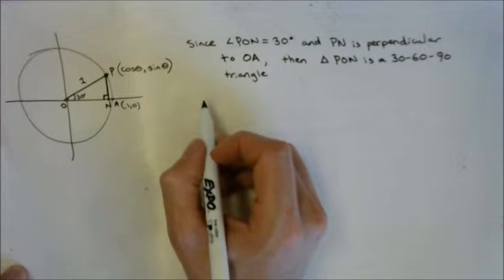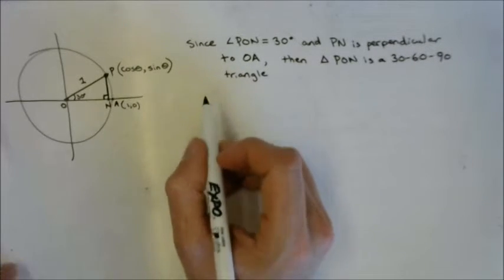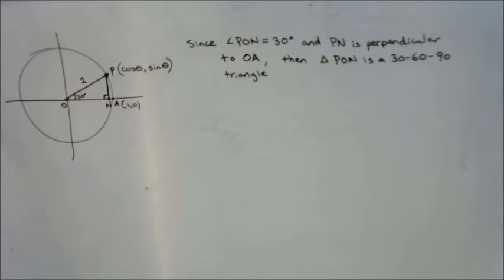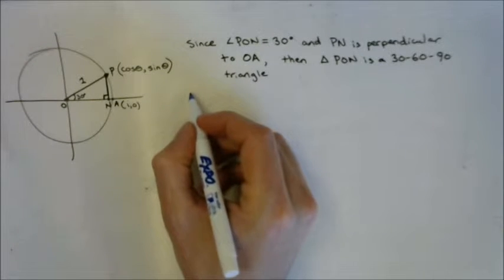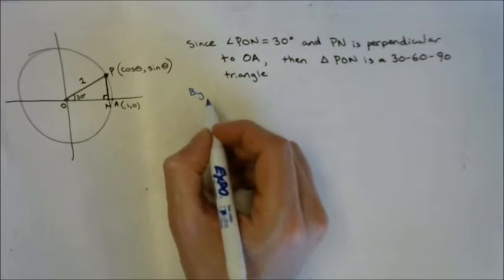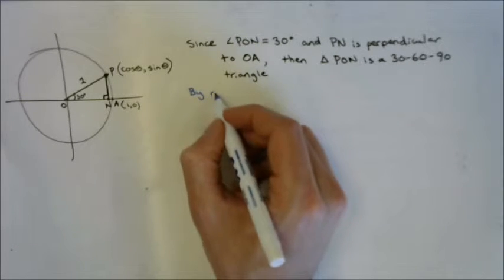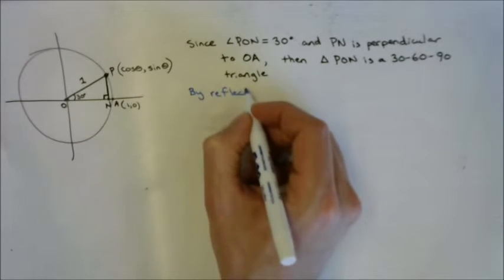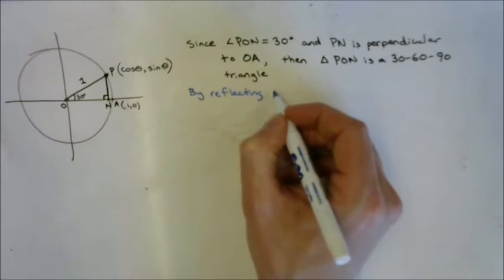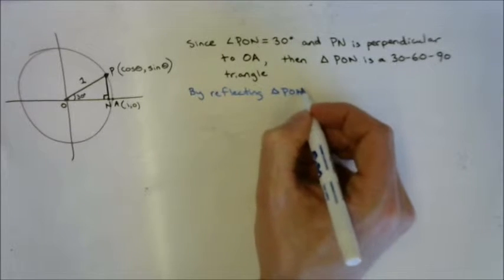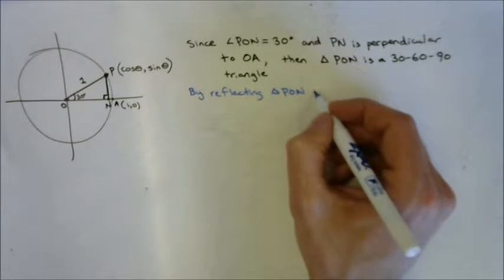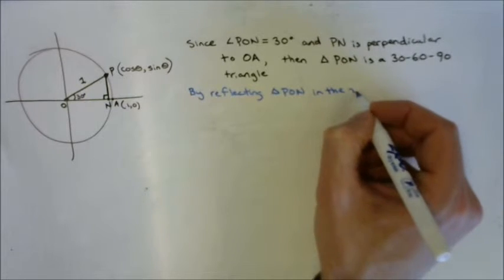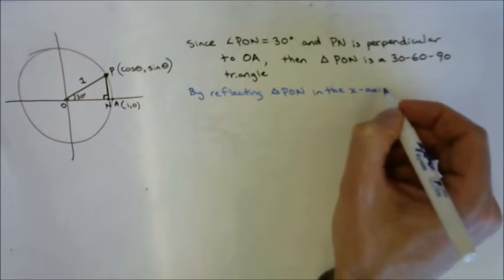This part is a little bit trickier, and I'm going to start using different colors. That's a good idea. I'm going to explain it first, and then we'll draw it. By reflecting triangle PON in the x-axis, are you familiar with what reflecting means? Think about what it's going to look like.